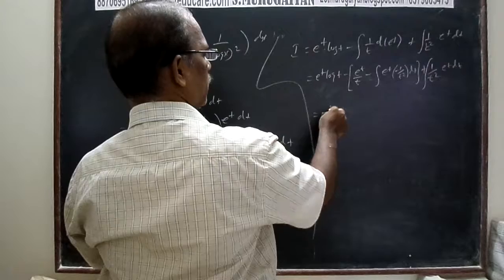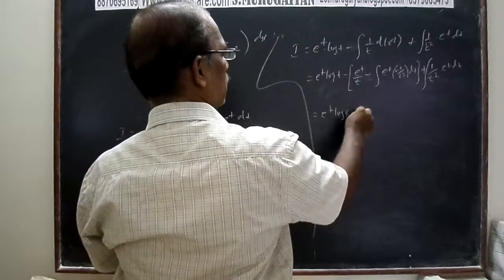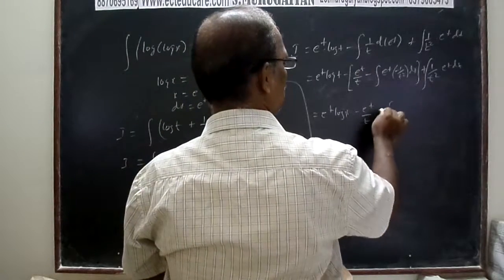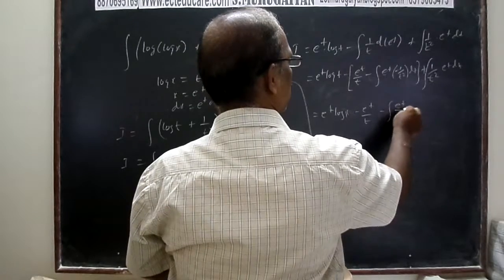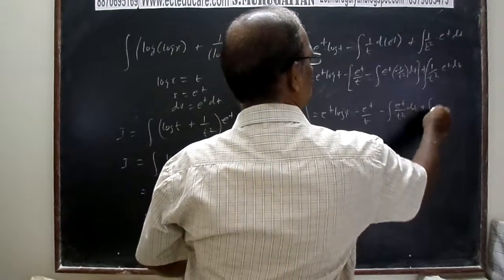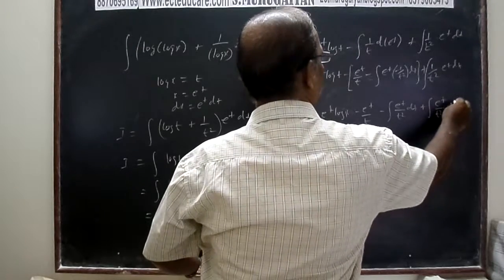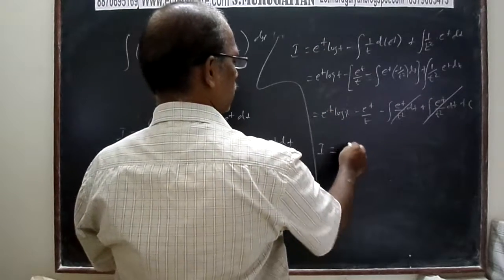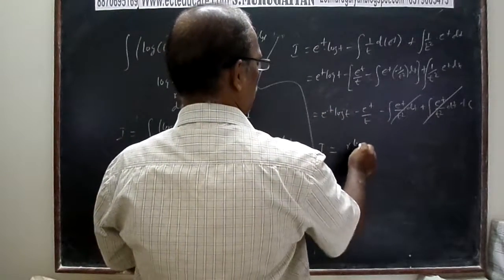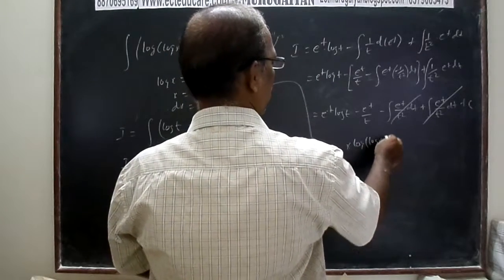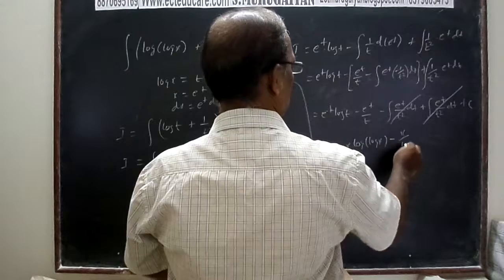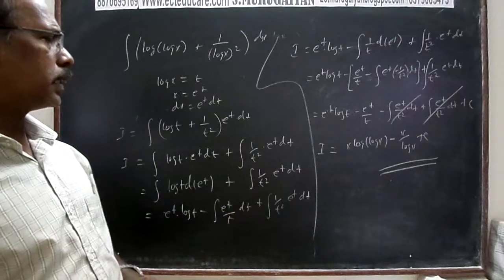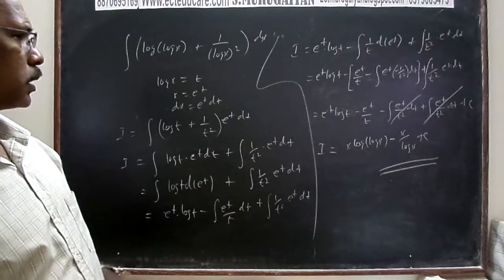Then simplify: e power t log t minus e power t by t, plus integral of e power t by t square dt, plus e power t by t square dt with the integral constant. These two cancel. Then the final answer, e power t is x, this is log t, log of log x: x log of log x minus x by log x with the integral constant. This is the final answer.